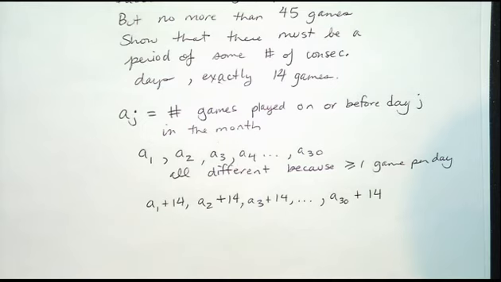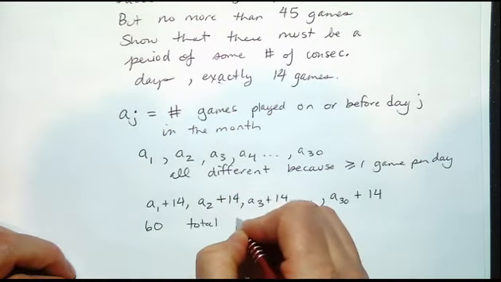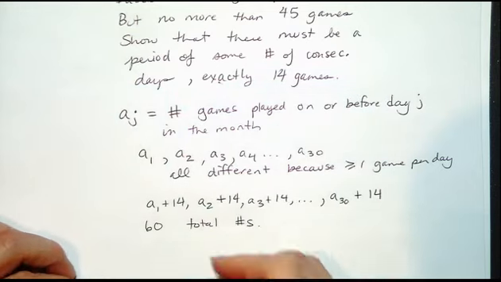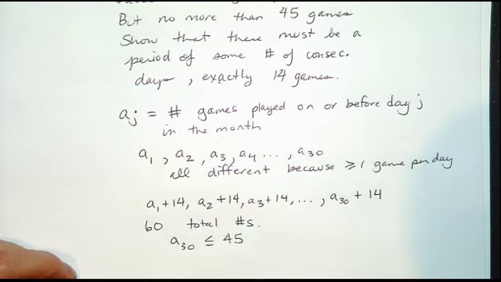Now, there are 60 numbers in these two lists, right? Because each list has 30 numbers. So we have 60 total numbers. A30, though, is less than or equal to 45, right? Because that's what the problem said. We don't play more than 45 games in the 30 days.